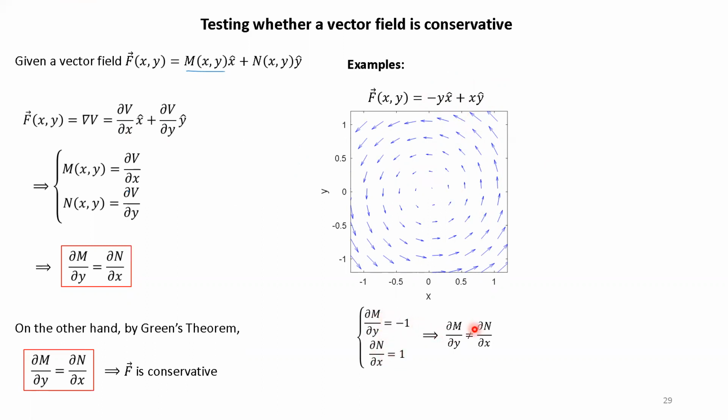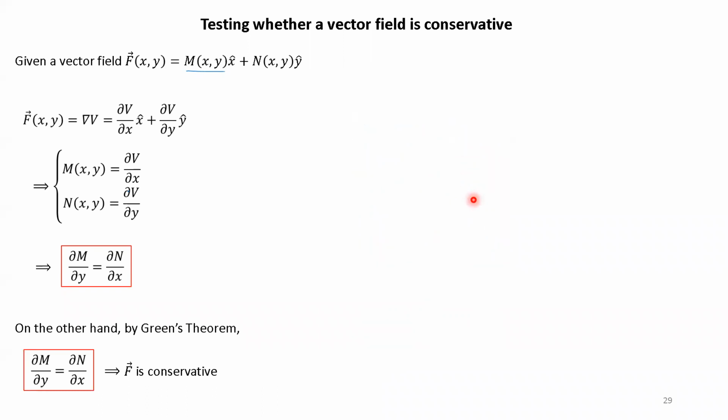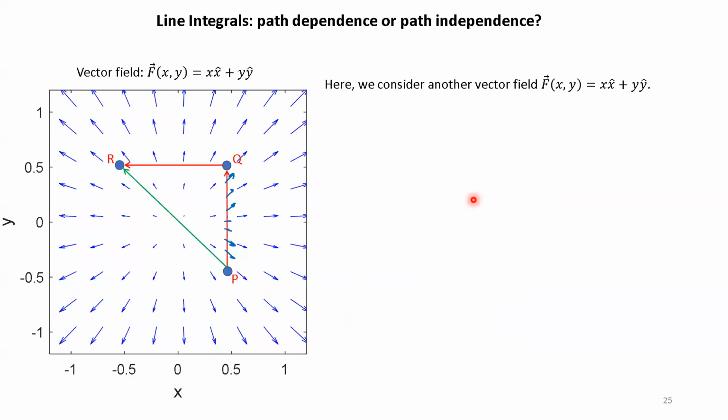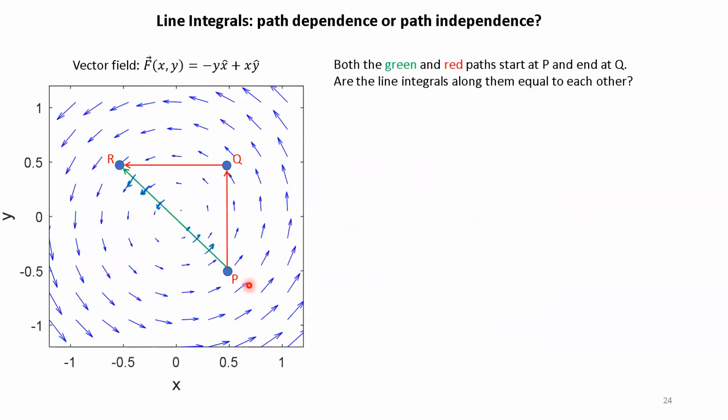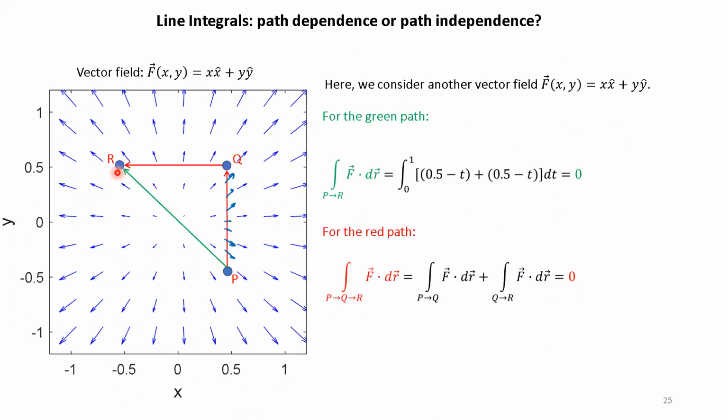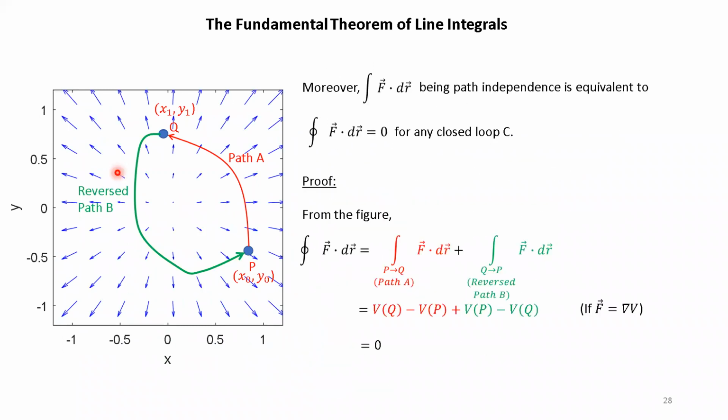So these two are not equal, which means this is not a conservative field. And that exactly agrees with the result that we had before: I tried two different paths, and I found that the line integral was path dependent. And now with the test, I show that it is not a conservative field.